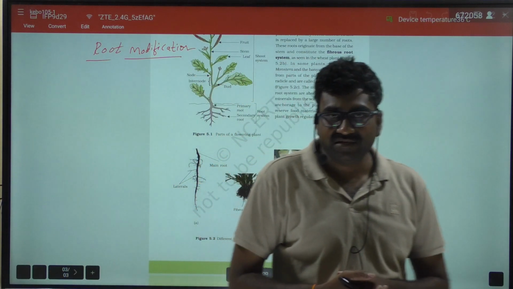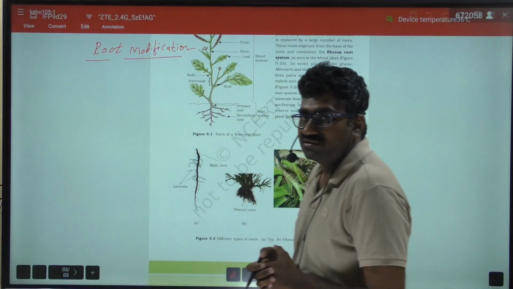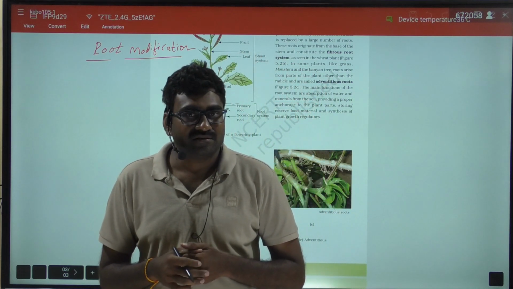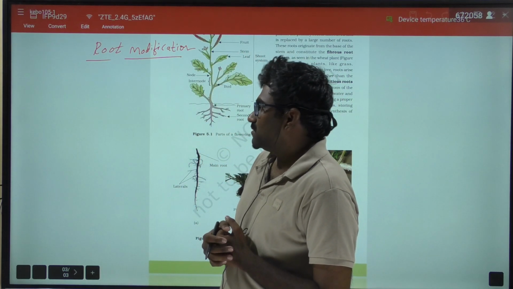The root is modified to perform other functions other than their main function is known as root modification.